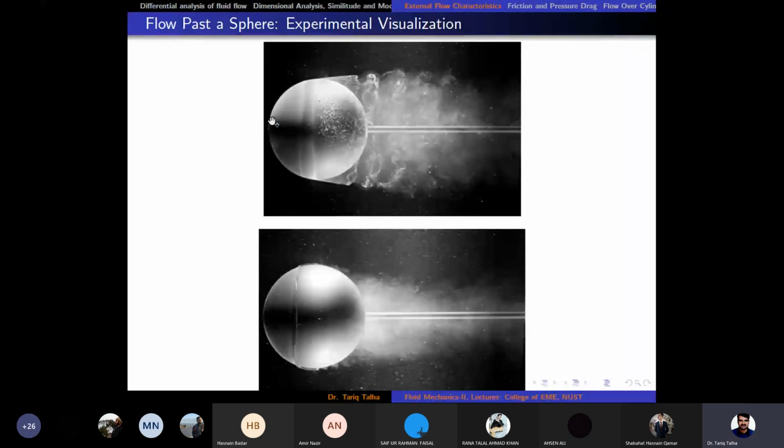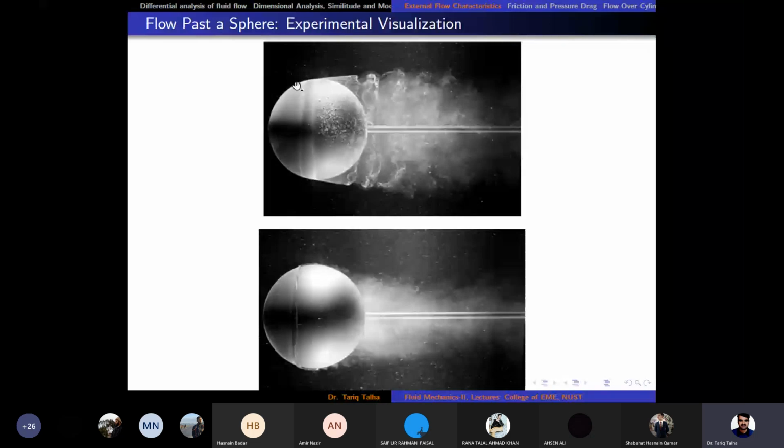What is the reason for that? Maybe I would discuss in detail in the next lecture. But just to give you a hint, it depends upon the boundary layer separation point. In case of laminar flow, we would have boundary layer separation occurring at this point, right? Somewhere here.